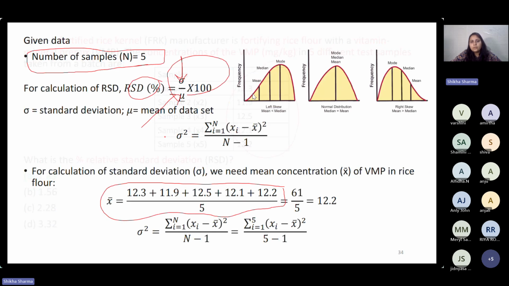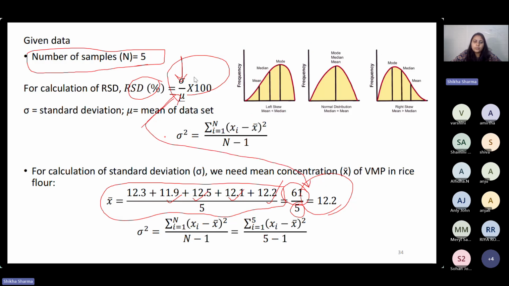We have 5 data points: 12.3 plus 11.9 plus 12.5 plus 12.1 plus 12.2, divided by the total, 5. The sum is 61, divided by 5, so we got a mean value of 12.2 for the data set.